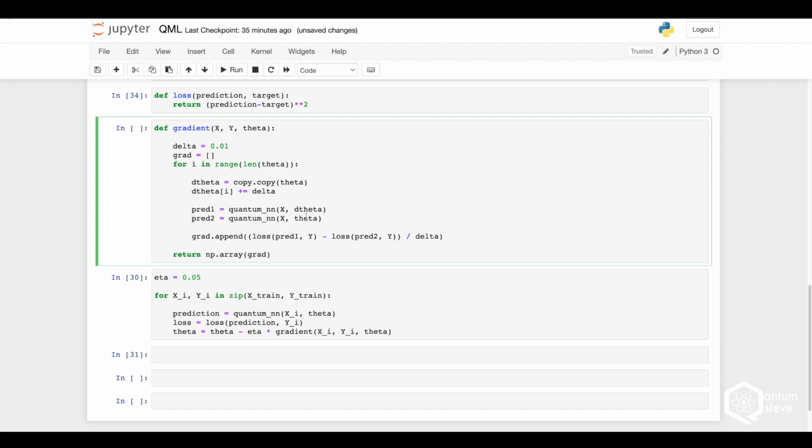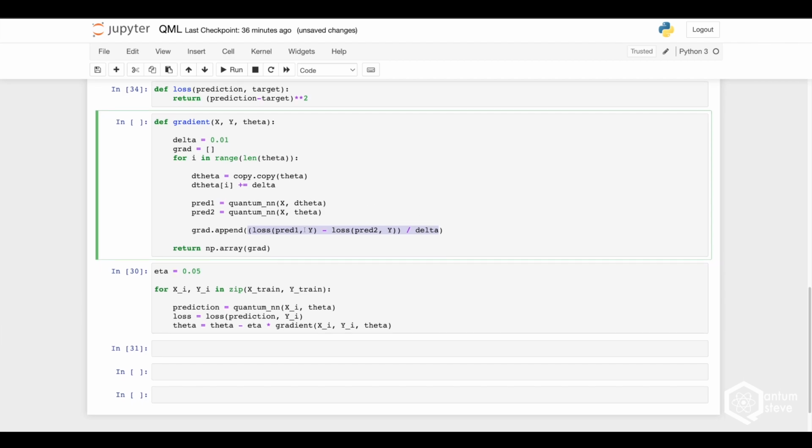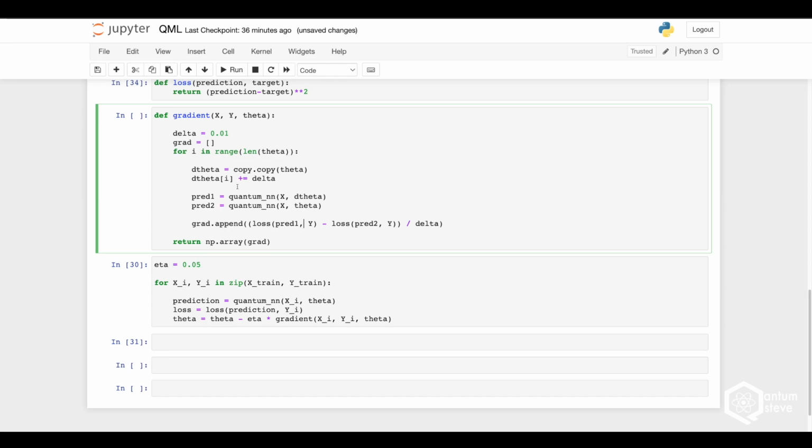All right, so this is the gradient. So the gradient, as I was saying before, is just taking the derivative of the loss function with respect to every variational parameter. So the way I'm calculating the derivative is using finite difference. So basically just what you learned the first semester of calculus. And so the finite difference rule is very simple, right? You just evaluate the loss function at theta plus a small value, which is this delta here.